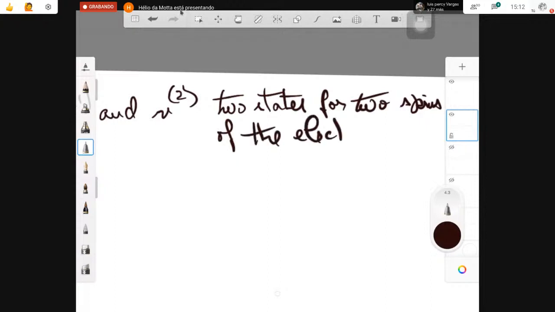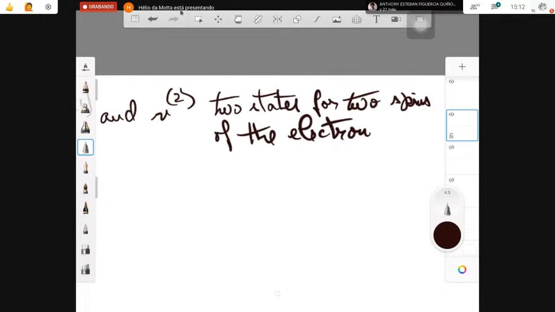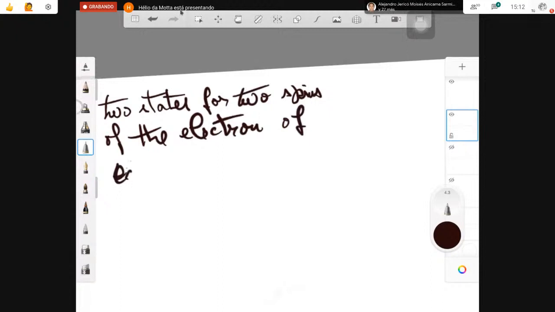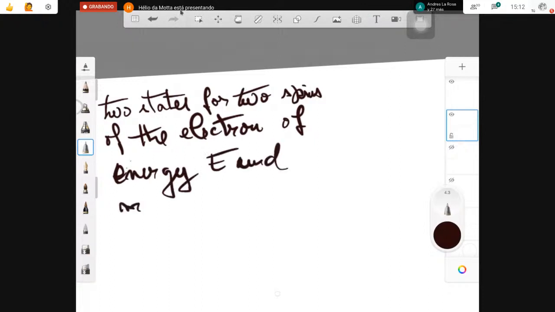And writing electron, it could be a muon, of energy E and momentum P. Okay, it is satisfied.